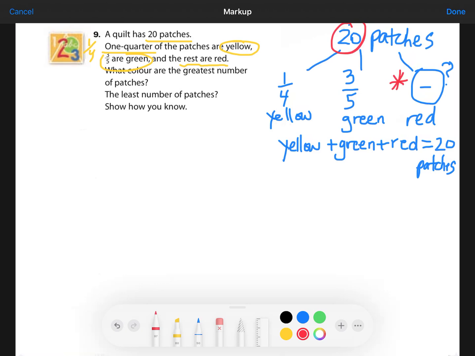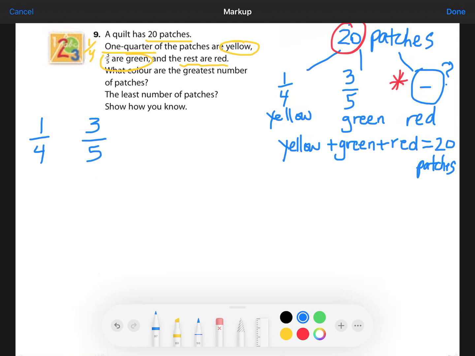Now this is a question in a unit called comparing and ordering fractions. So I think I will start with comparing 1/4 and 3/5. I'm not sure which one is bigger.